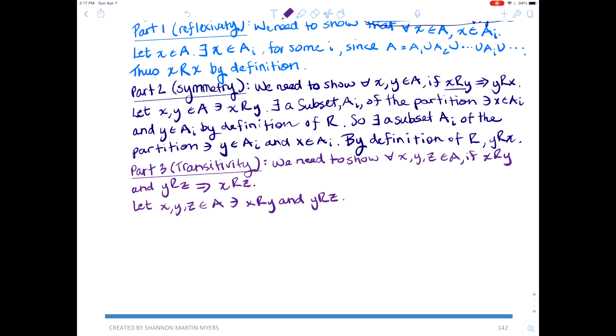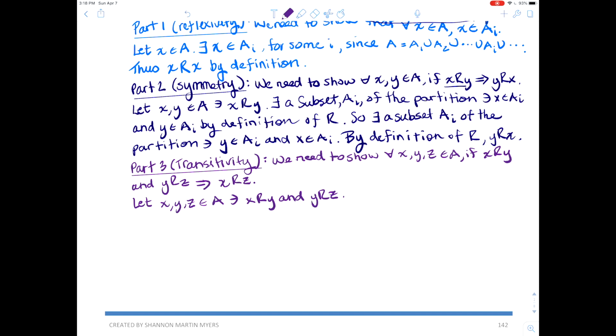A lot of times what happens is you say, suppose that there are 2 sets such that they're not equal to each other, and then try to generate some kind of contradiction. So let's do it.